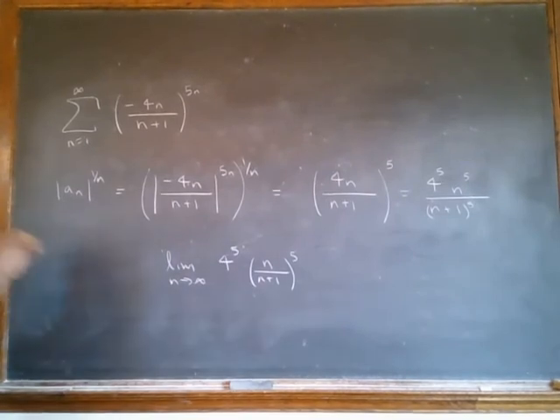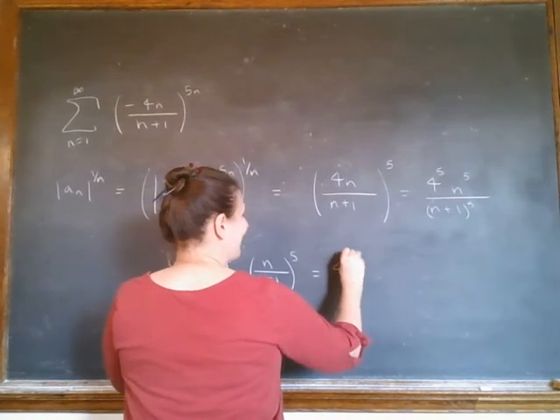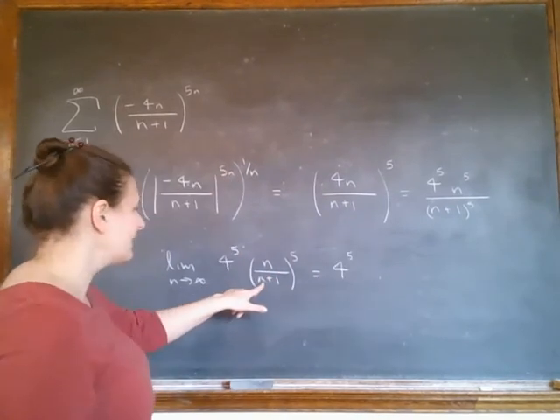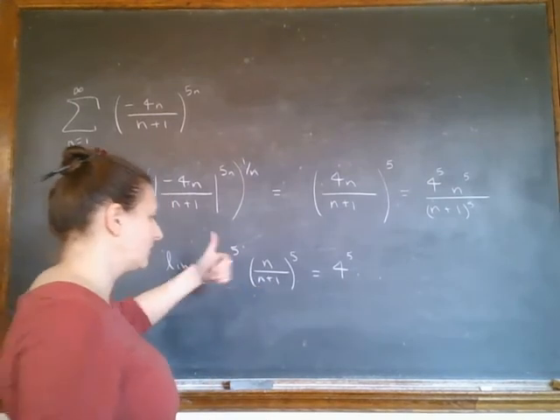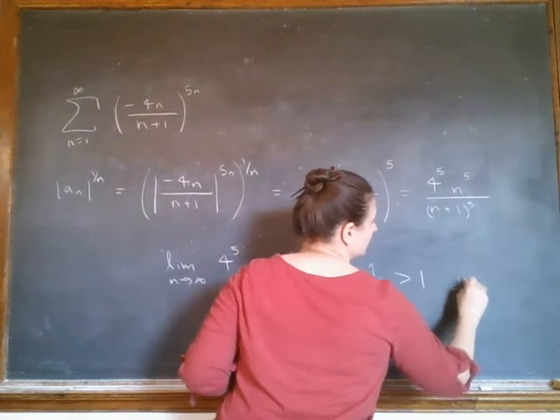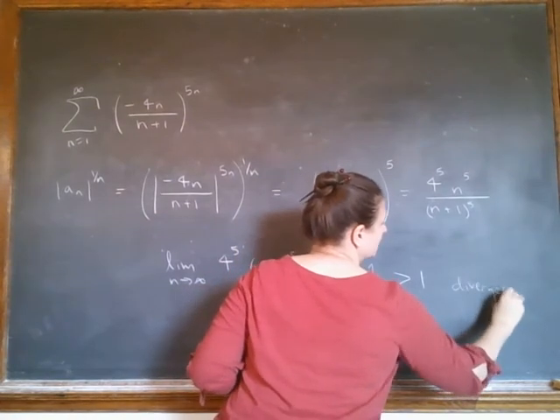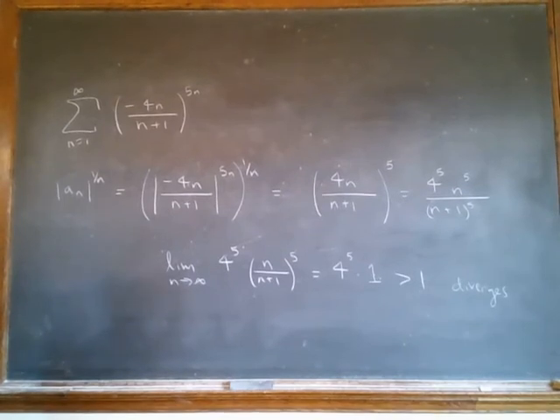But in any case, as n goes to infinity, this one is just 4 to the 5. This guy is going to go to 1, because I've got n over n, so 1 over 1. So this is going to be 4 to the 5, which is certainly greater than 1. So this series diverges.